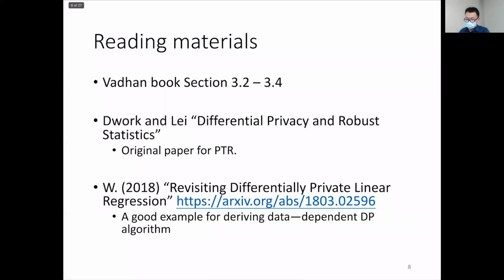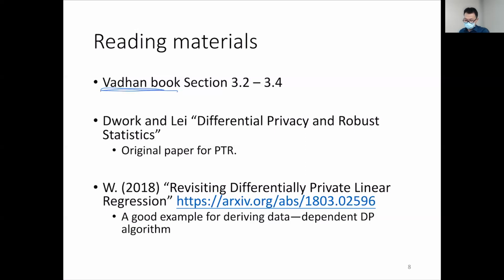For the PTR part of the lecture, we'll be mostly following the Vadhan textbook on the complexity of differential privacy. The original paper of Dwork and Lei on differential privacy and robust statistics is the first paper that describes the PTR idea, though that paper is not the easiest to read, and the example they gave is somewhat not mainstream.